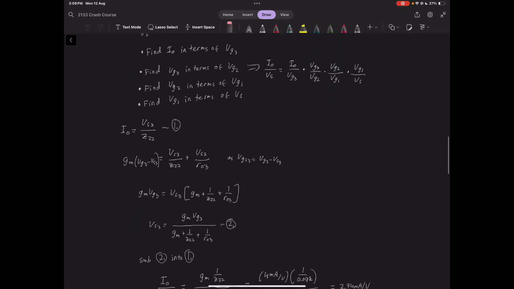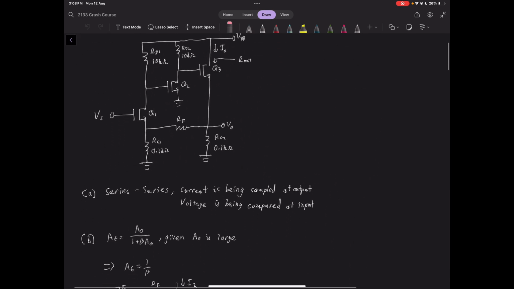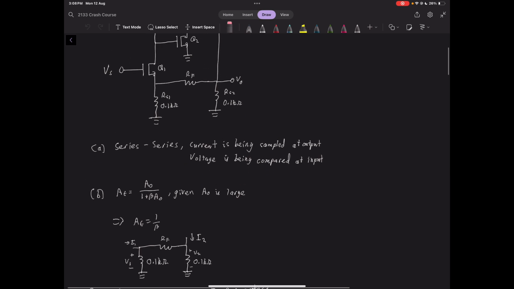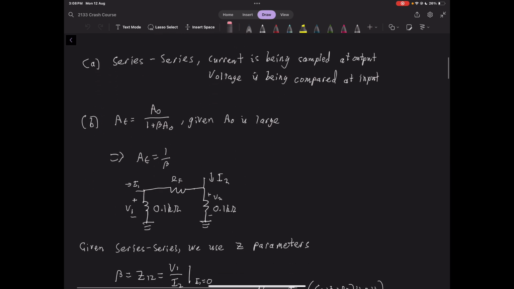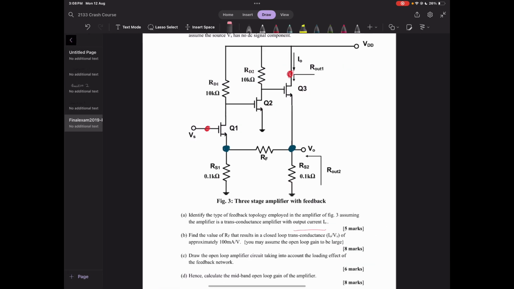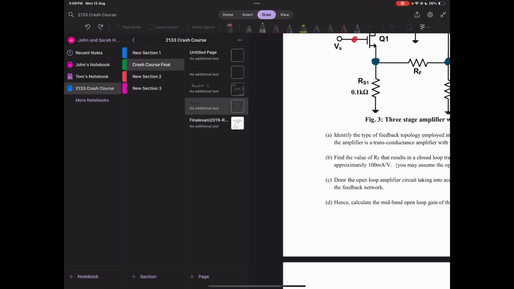So looking at question 3, for A, I've redrawn the circuit. Series: current is being sampled at the output, voltage is being compared at the input. We went over that. Now our feedback network is obviously these 3 resistors, and in part B, we are told that you may assume that the open loop gain is large, and we're trying to find the value of RF that results in a closed loop transconductance I out over Vs of approximately 100 milliamps per volt.